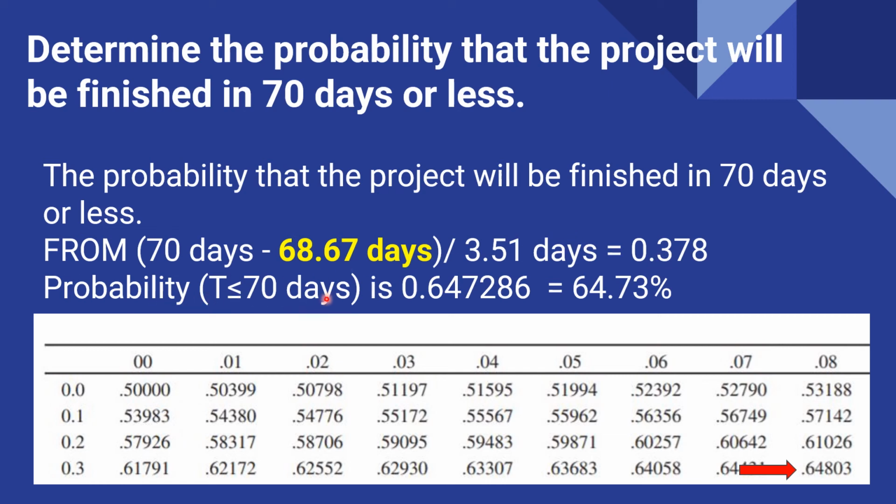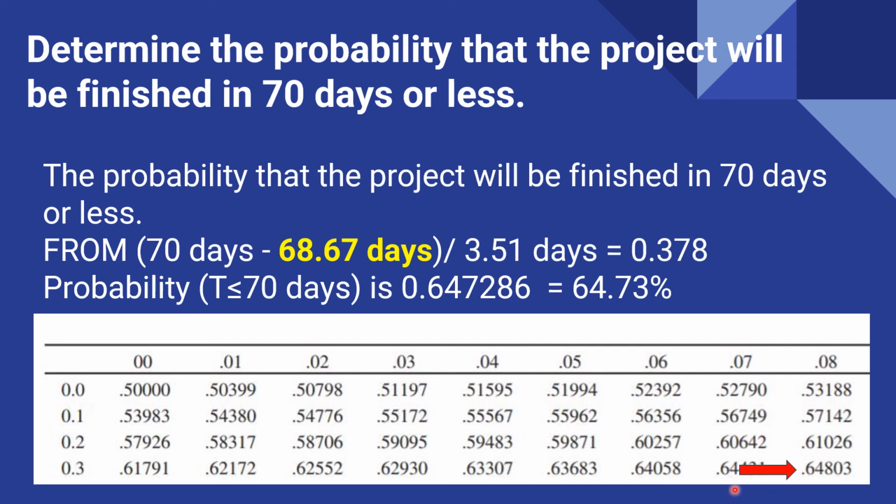So the probability that this will be completed on or before 70 days is 64.7286, or 64.73%. Take note that 0.378 is between this area, 0.64431 and 0.64803.